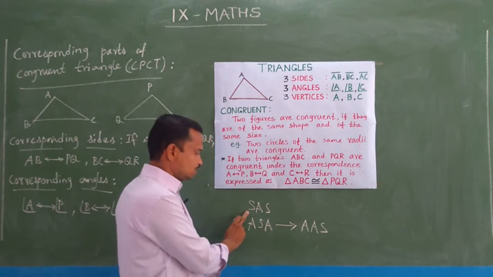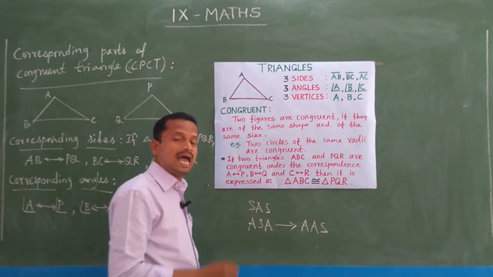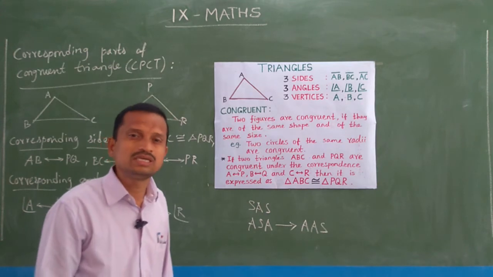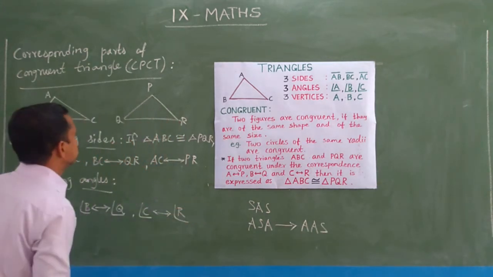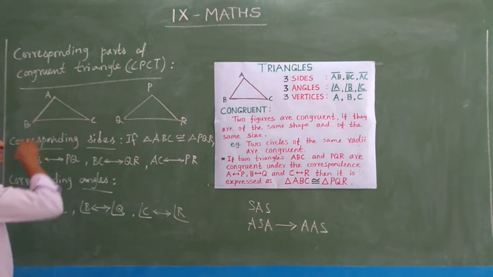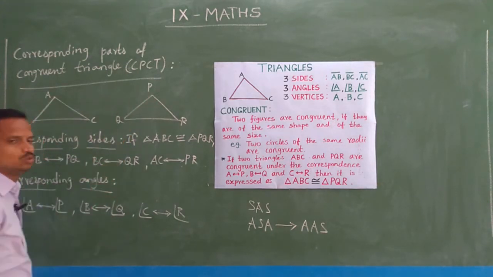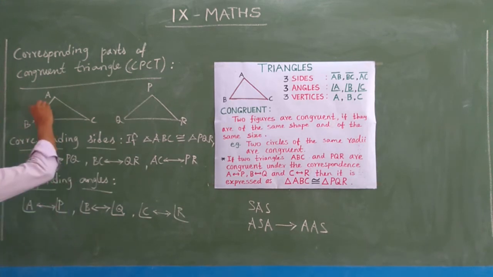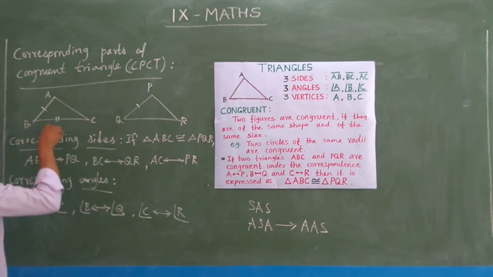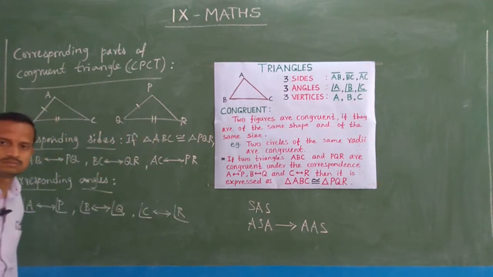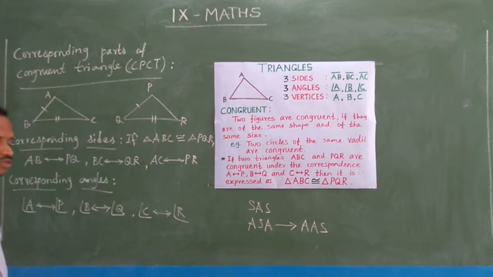That means two sides and the included angle. For example, SAS means if you take AB, here you have to take PQ. Am I right? So AB, PQ, and then AC, PR. So the two sides, and an angle is in the center.